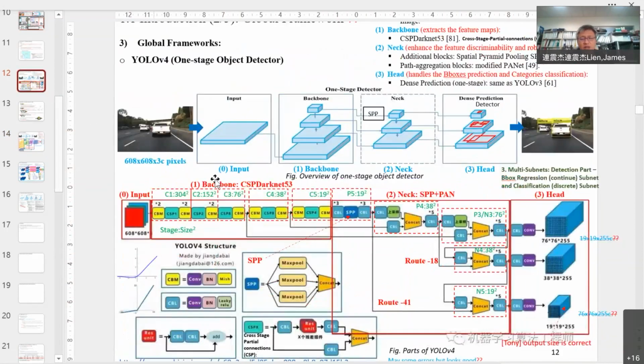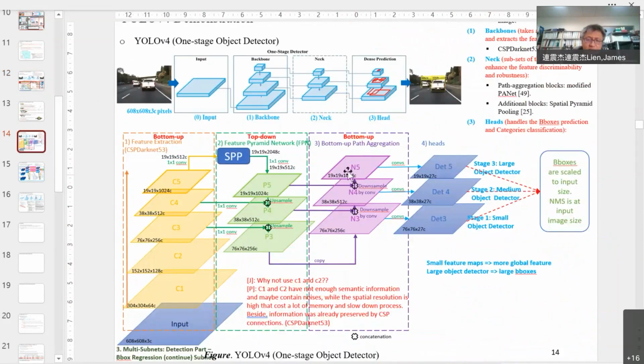So I check again. This is P5, right? We do upsampling until P3, and P3 is copied to N3, and here we do downsampling. So this is N5. N5 is this one, and this is low resolution.